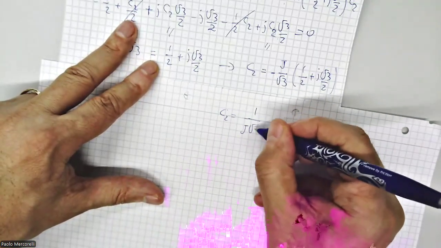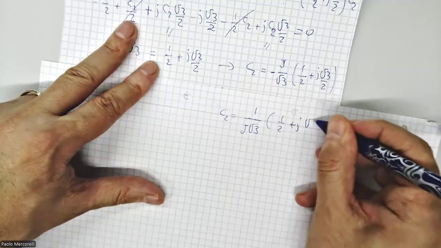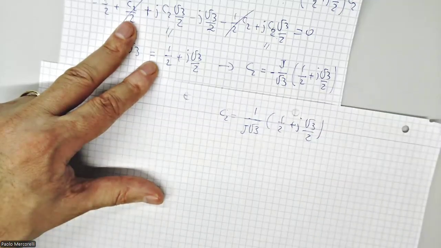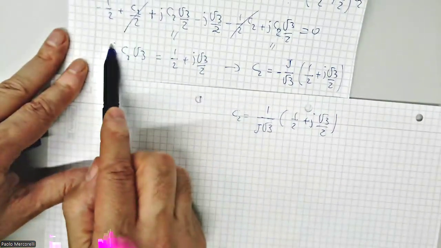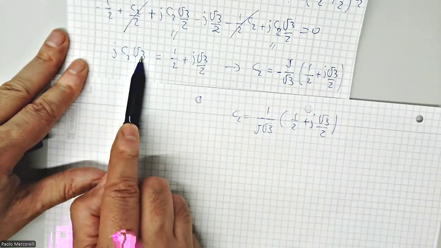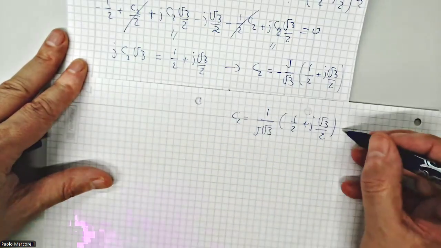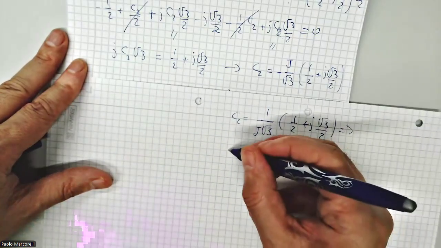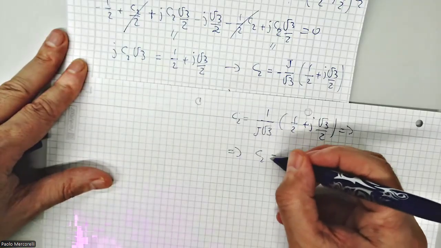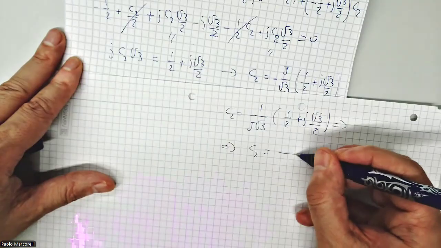I tried to, from here, math from high school. I divided by j multiplied by root of 3. This means this remains. Now, for some students, what I am doing is extremely boring.